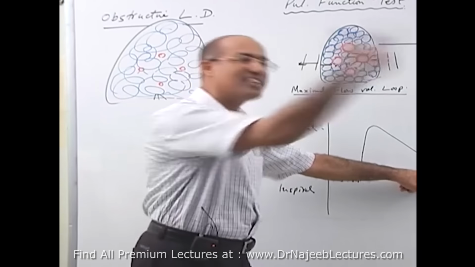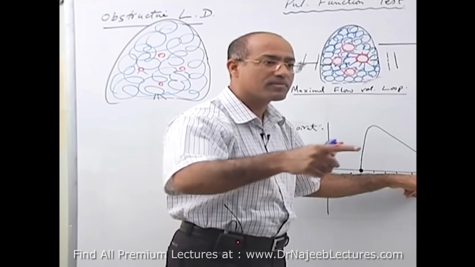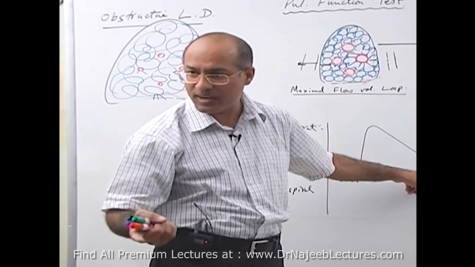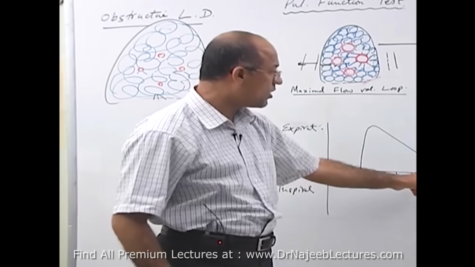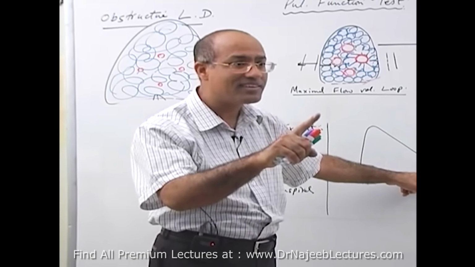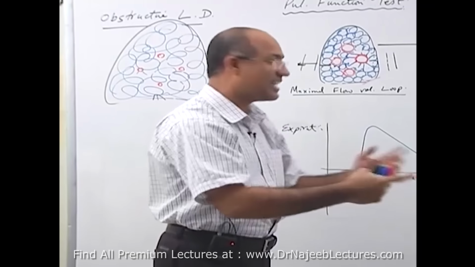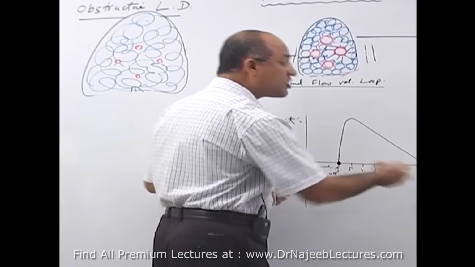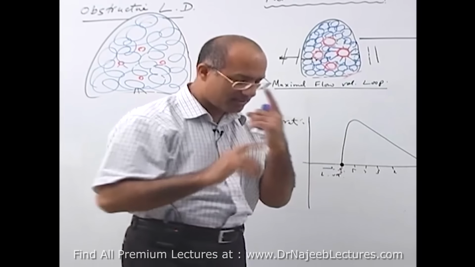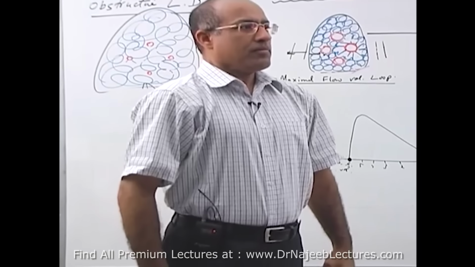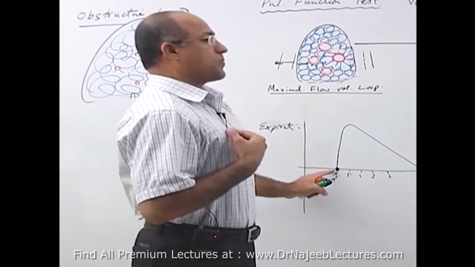Can I bring further air out? Once I have reached residual volume, can I bring more air out? No. So expiratory flow will become 0. Is that right? This is the maximal expiration. Now I do the inspiration. Let me repeat. This curve is showing that now I start from here.